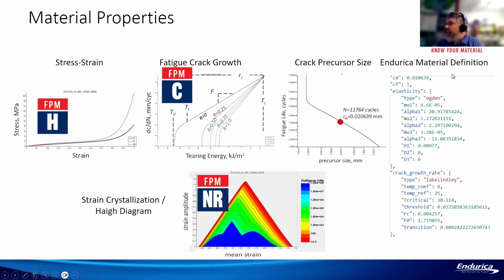And so all of this becomes part of our material definition. You can see the material definition on the right here. This is just the syntax that goes to the Endurica code to set up the material. We have a strain crystallization effect defined, and we've plotted out the Haigh diagram here. You can see this typical crystallizing behavior, and we would normally measure this with the FPM NR module.